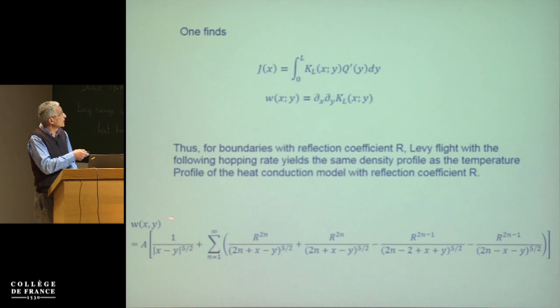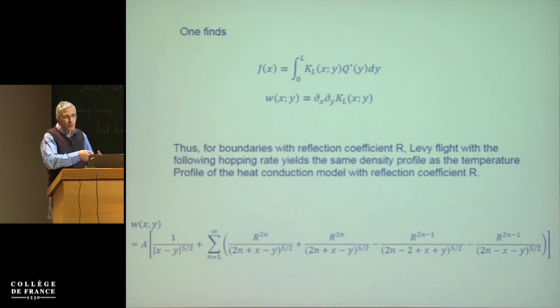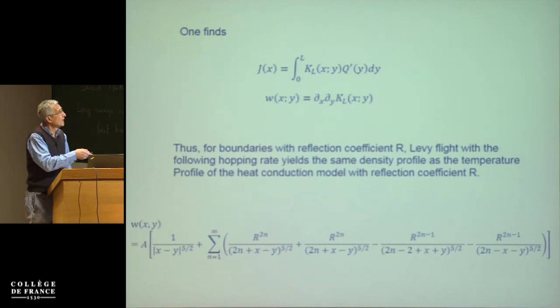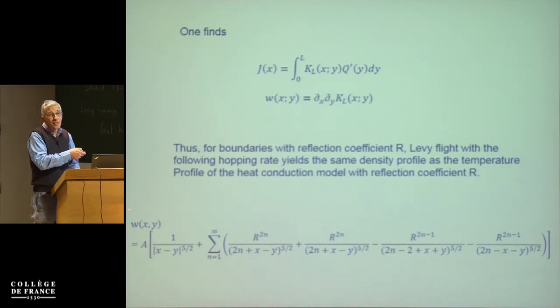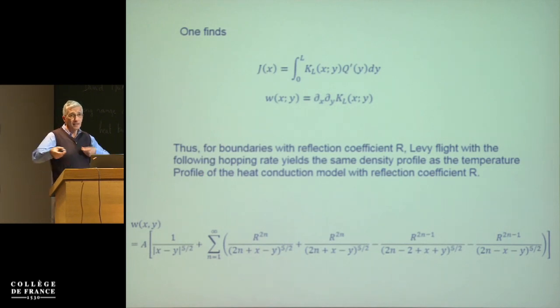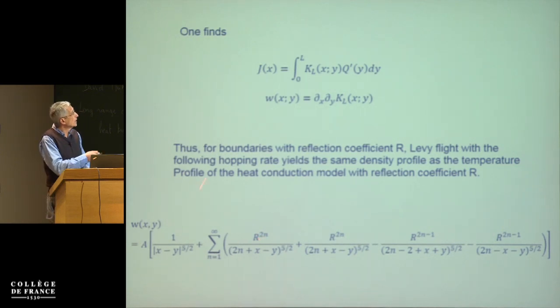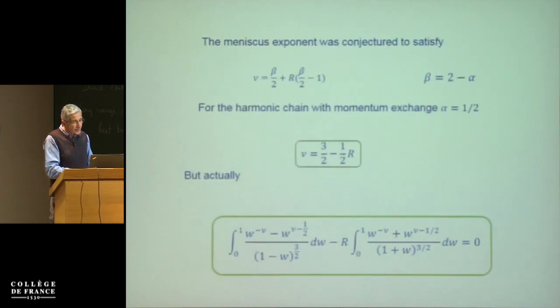So if you take W of xy to be the same form that we discussed before, then we should get the result for the Levy flight density profile with a reflection coefficient. Here, the power law is 5/2 rather than 1/2. It's because the W, the hopping rate, is the second derivative with respect to k.